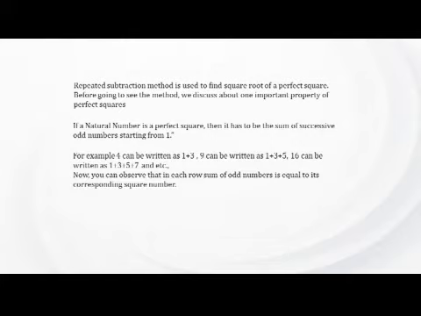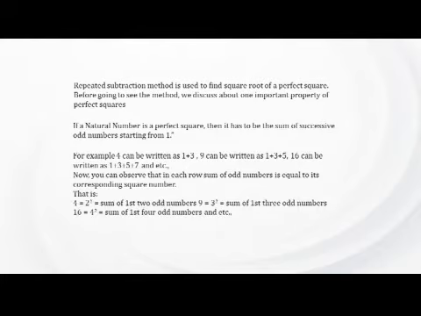Now, you can observe that in each row, the sum of odd numbers is equal to its corresponding square number. That is, 4 is equivalent to 2 squared, that is the sum of the first two odd numbers. 9 is equivalent to 3 squared, the sum of the first three odd numbers. 16 is equivalent to 4 squared, the sum of the first 4 odd numbers and so on.